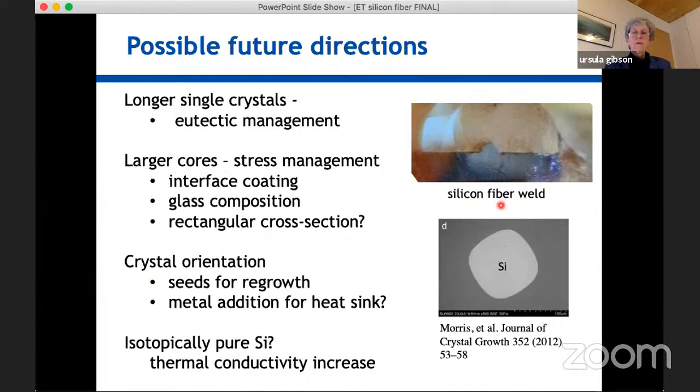I don't think that we can make fibers that have fewer than maybe 10 to the 16th impurities per cubic centimeter. That's pretty clean. The results that we had on the terahertz and the infrared transmission have really made me very enthusiastic about the quality of the purity.